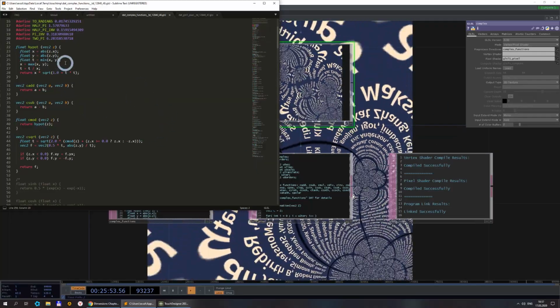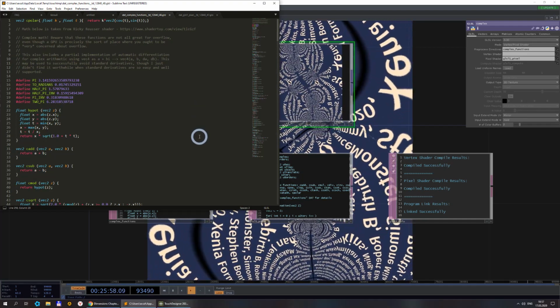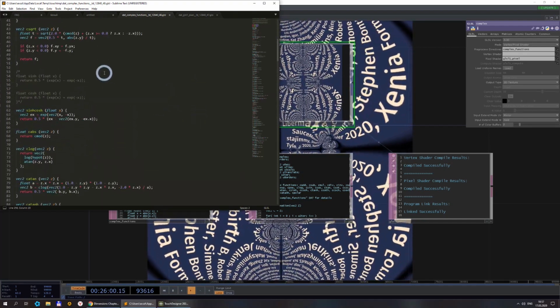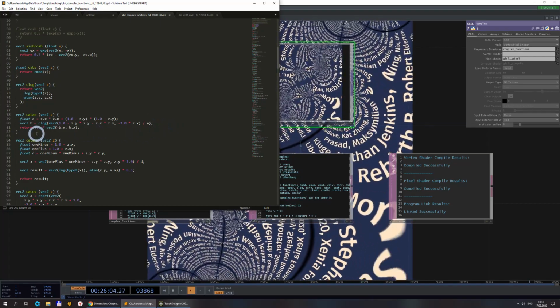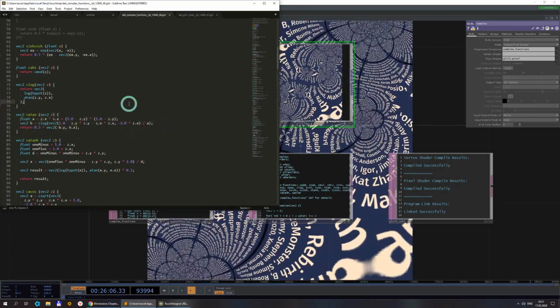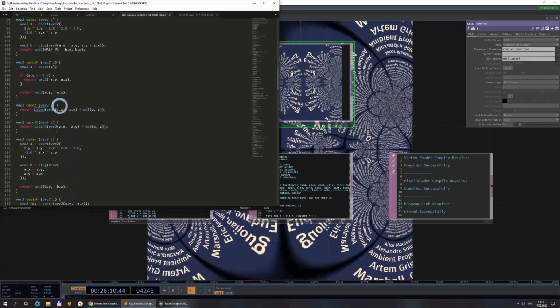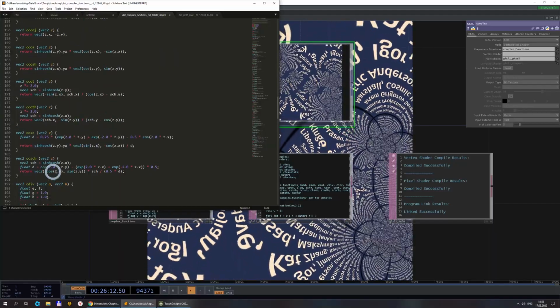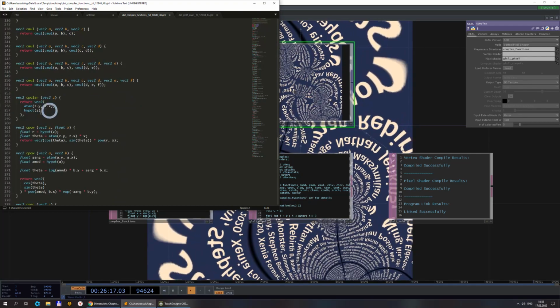It represents the complex number as a two-dimensional vector, and does all the mathematics necessary for calculating complex tangents, cosines, sines, powers and exponents, inversions, multiplications, and so on.